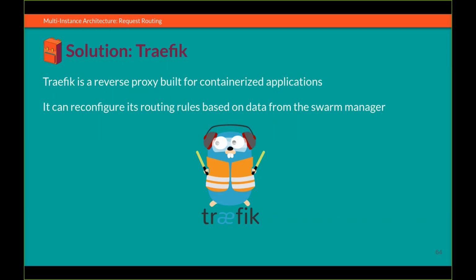And what that means is that it can ping Docker Swarm for updates about which stacks are running within Swarm. So as a developer spins up a new stack, we're able to dynamically update the routing rules within Traefik to make it aware that it should route requests to that specific stack, without restarting and without requiring us to manually manage configuration files.